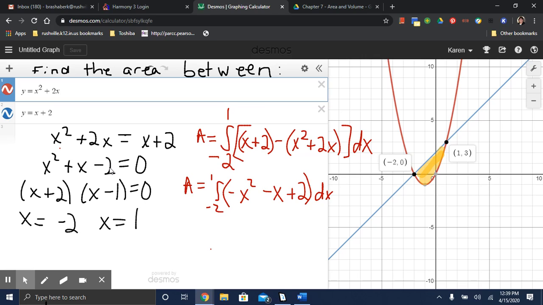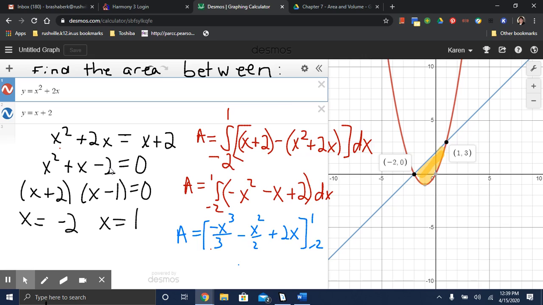Now we'll use our power rule and do the integration. So now we have area equaling negative x to the third over 3 minus x squared over 2 plus 2x. We're evaluating that from -2 to 1.